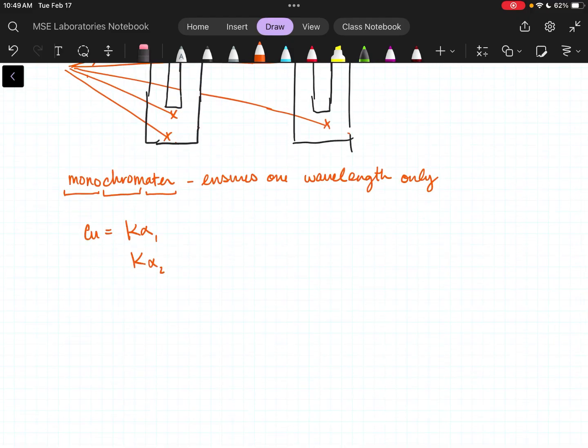So when I hit that copper anode back up here with those electrons, I end up with two wavelengths that come out. Copper K alpha 1 is the one that's more prominent and is 1.5406 angstroms for the wavelength.